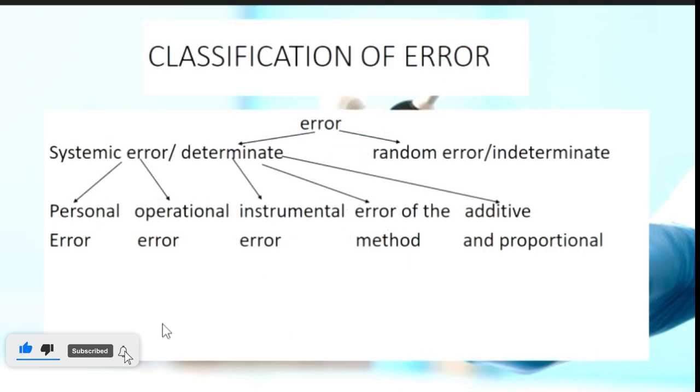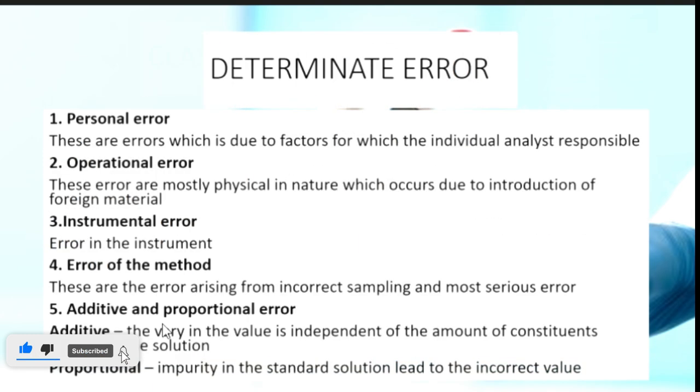Systematic error is further divided into five types: personal error, operational error, instrumental error, error of the method, and additive and proportional error. Personal error is very simple: it is done by the person himself.